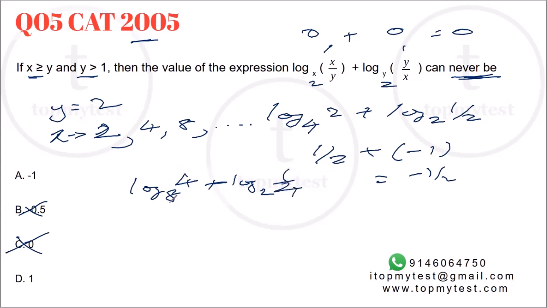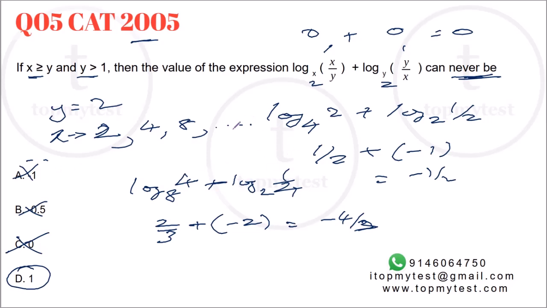This is 2 square, this is 2 cube, so 2 by 3 plus -2, which is -4 by 3. So you can get a value which is less than -1 as well. If you take a value between 4 and 8, you should be able to get -1, so 1 should not be the value which is unachievable.